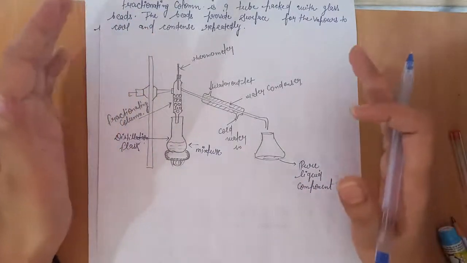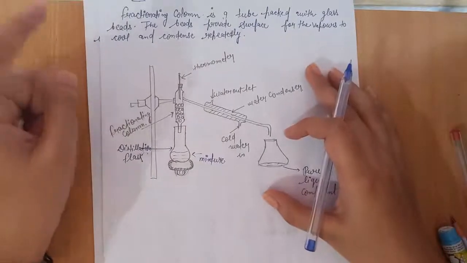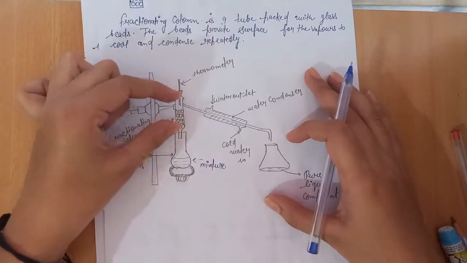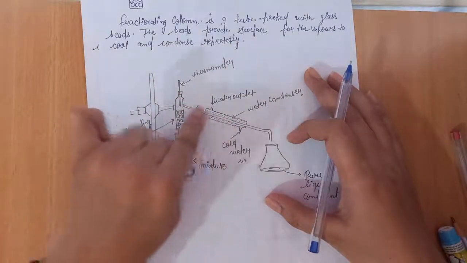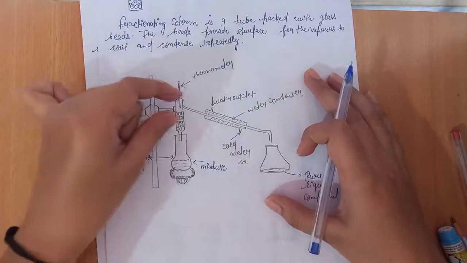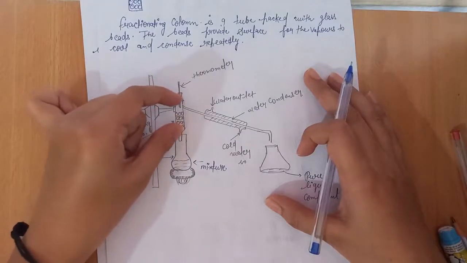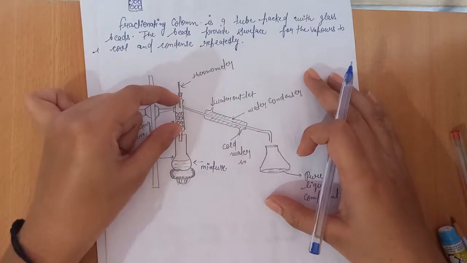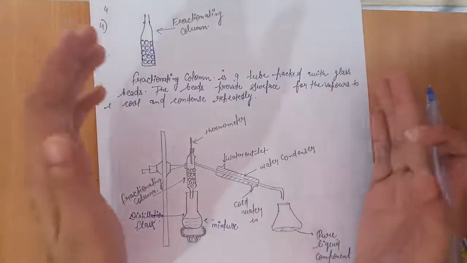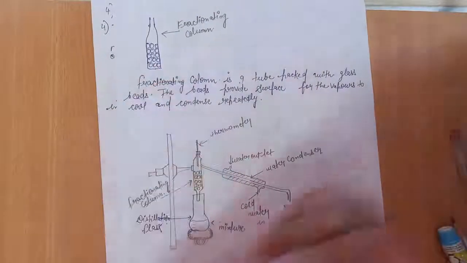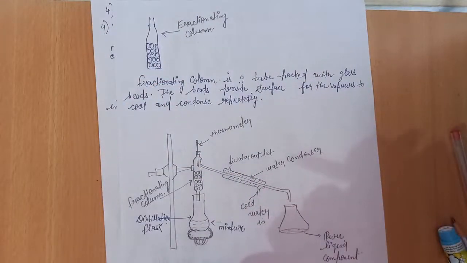Same as we see in simple distillation, but here this fractionating column is fitted between the distillation flask and the water condenser. This fractionating column is not present in simple distillation. What is the working of the fractionating column, and in what manner does simple distillation differ from fractional distillation?